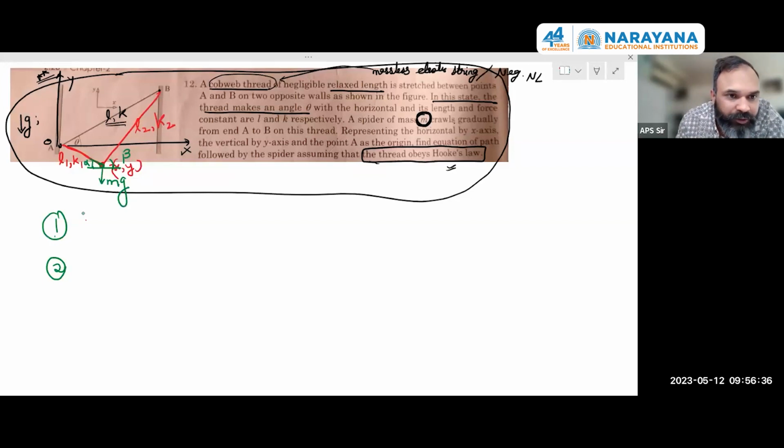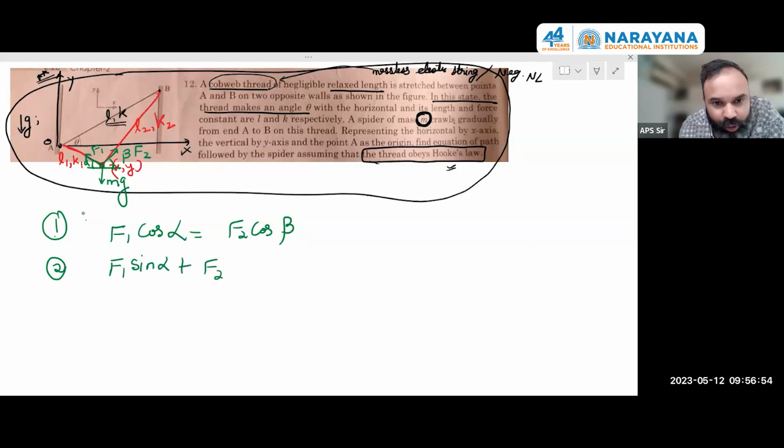Force will come from this side and from this side. Let me call them F1, F2. That is simple. So F1 cos alpha is equal to F2 cos beta, and F1 sin alpha plus F2 sin beta is equal to mg.